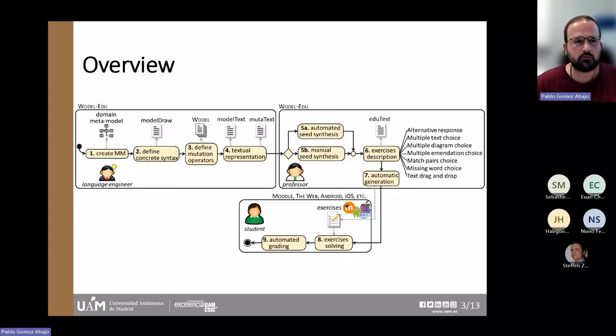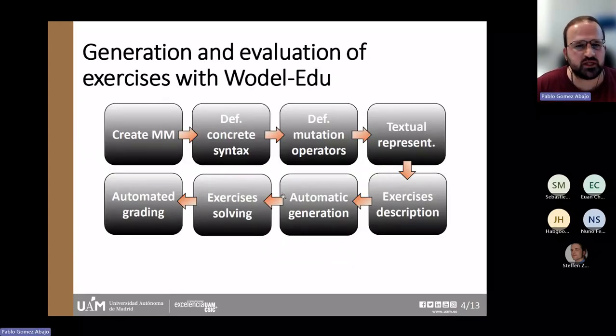So we move on with the presentation. These are the 8 main steps followed to complete the process, as we are saying. And now we are going to see the tool live.